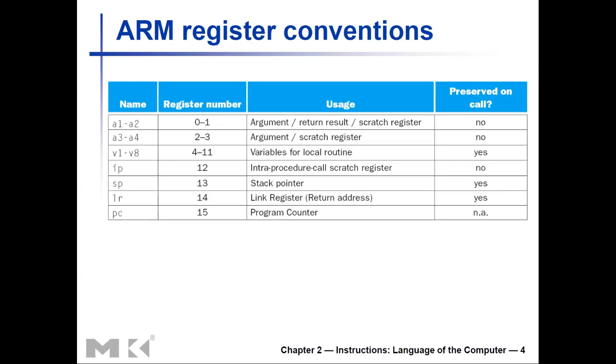The convention is you don't need to preserve the first 4 registers, 0 to 3, when you're inside a function, and 4 to 11 you have to preserve, and then this one you don't need to preserve. What preserving actually means, we'll look at soon.